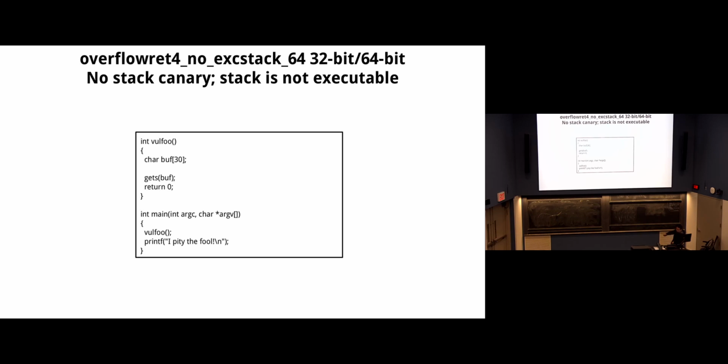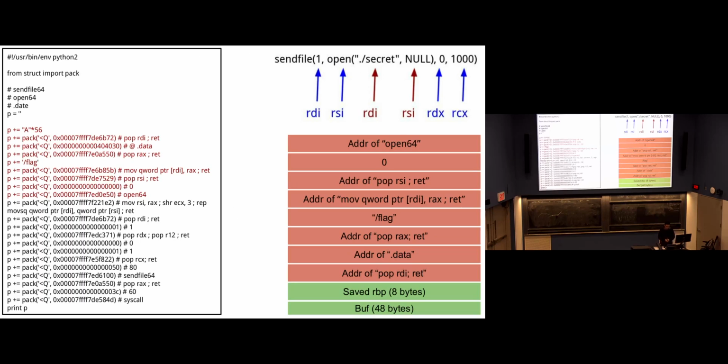Very simple one, just a function foo, there is a buffer, then you can input as long as you want, that's it. So this is what our exploit looks like. Same as last one. I show you the exploit, then let's make sense out of this madness to see if that makes sense. Okay.